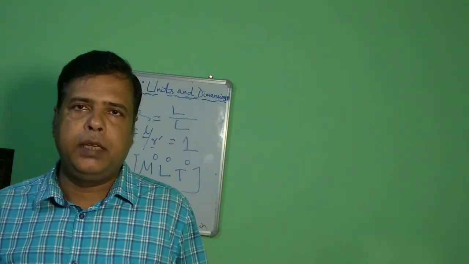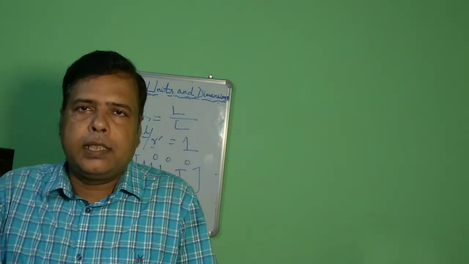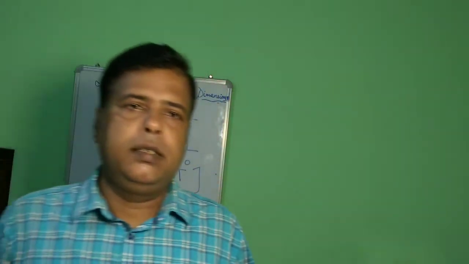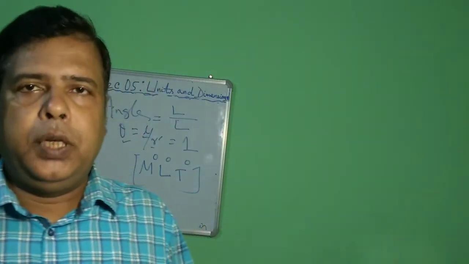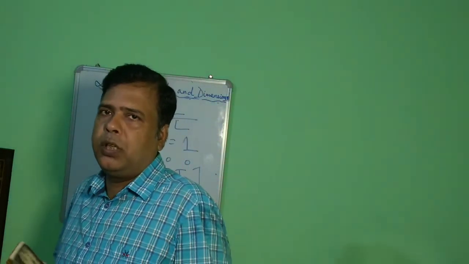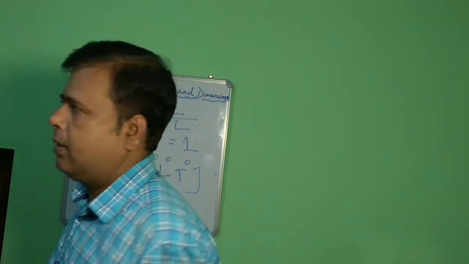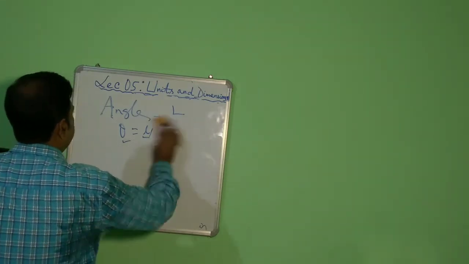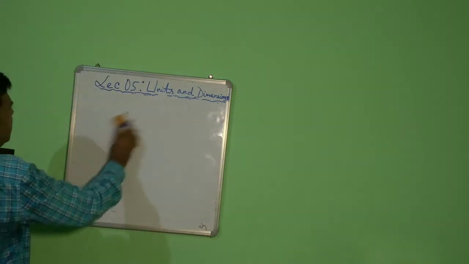If somebody asks you to name two physical quantities having units but not having any dimension, that is plane angle and solid angle. Plane angle is used in terms of radian and solid angle is steradian. Both are having no dimensions. So angle is dimensionless. So you can write M0, L0, T0.